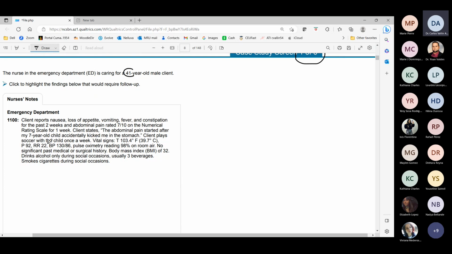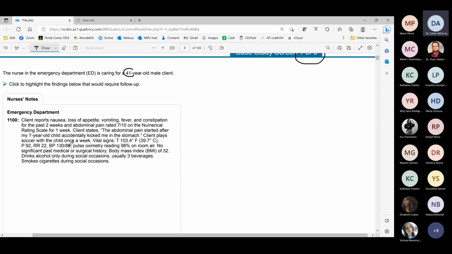Client plays soccer with the child once a week. The vital signs of this first interaction show a fever, an important fever. Pulse 92, which is near the top, which is expected with this fever. Respiration 22, a little high. Blood pressure is acceptable, a little high, but this is not the moment to be too picky with the normal level of blood pressure to prevent long-term diseases.